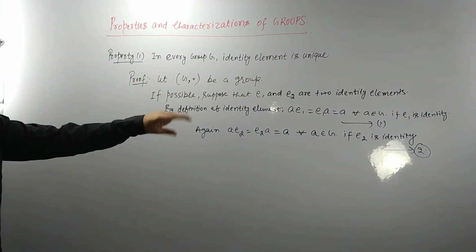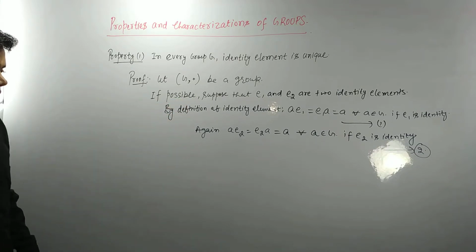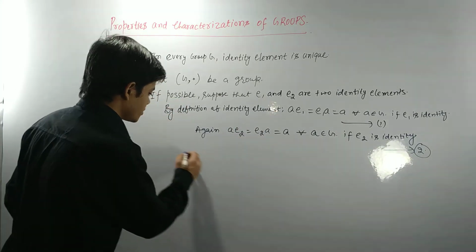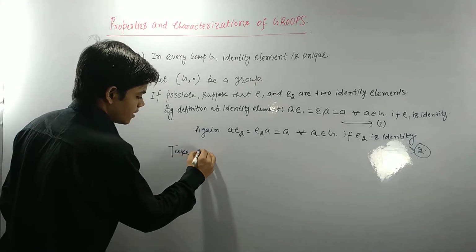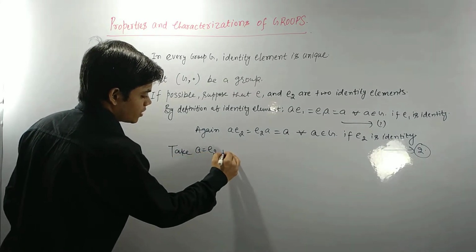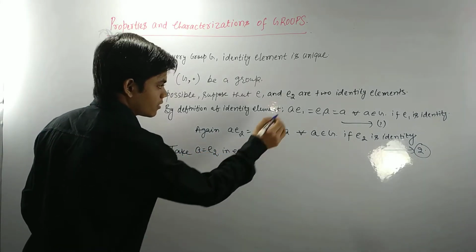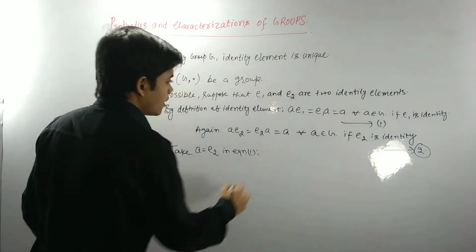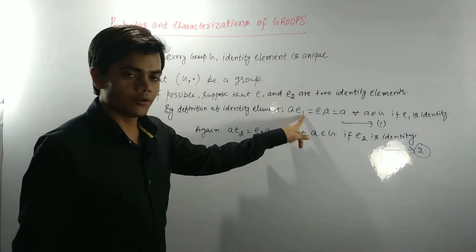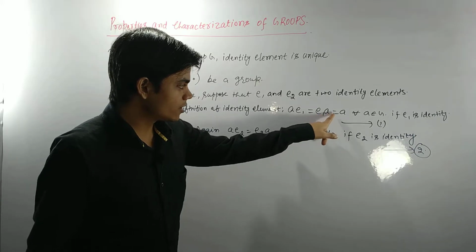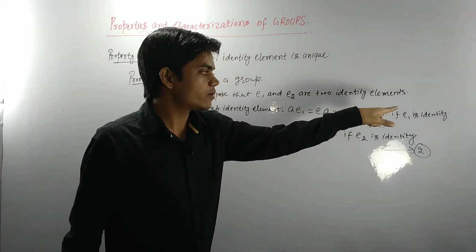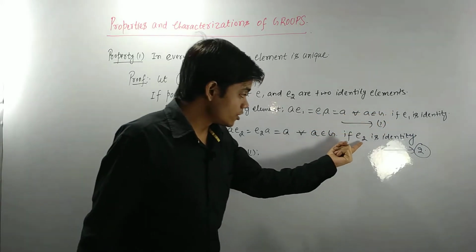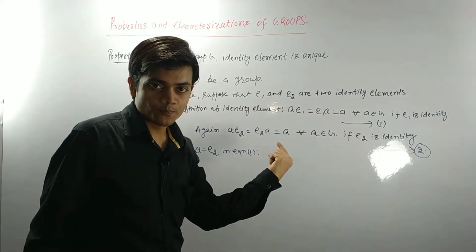Okay, so from these two equations, take A is equal to E2 in equation 1, because A E1 is equal to E1 A is equal to A for all A belongs to G, and E2 also belongs to the group.